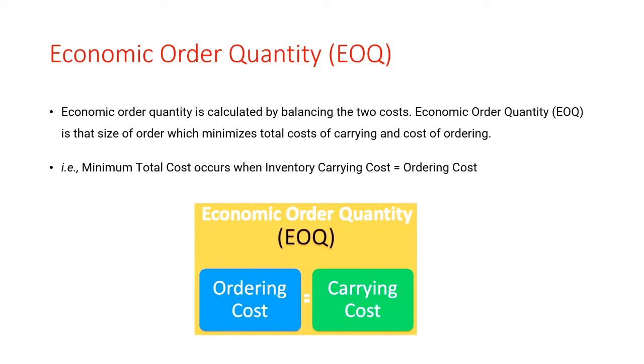The economic order quantity is calculated by balancing the two costs. Economic order quantity is the size of order which minimizes the total cost of carrying and ordering. That is, the minimum total cost occurs when the inventory carrying cost is equal to the ordering cost.